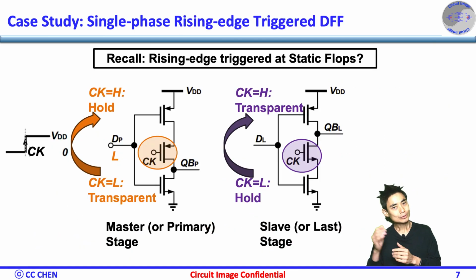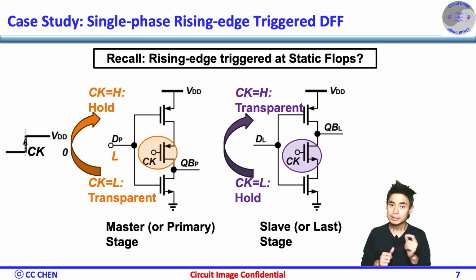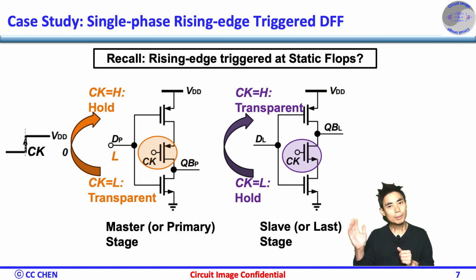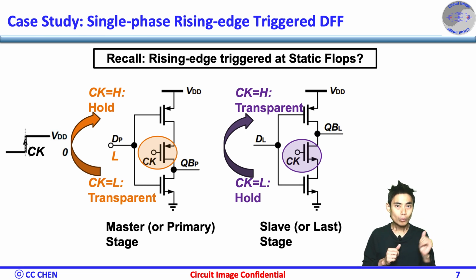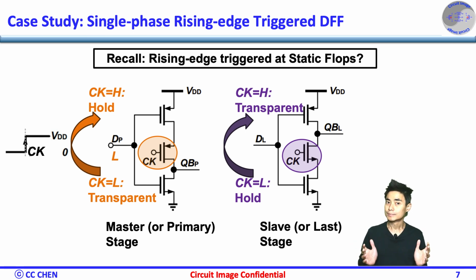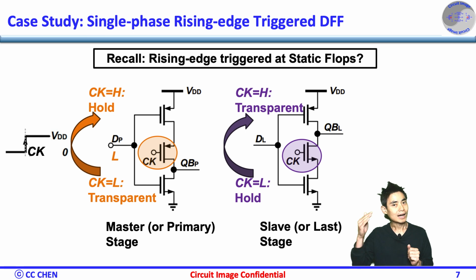Right. Do you remember the operations of the rising edge trigger static flops? For example, when the clock is low, CK to PMOS, the primary stage should be transparent to launch the data, and the last stage, CK to NMOS, should hold the previous state by ignoring the input data for sure. When the clock is high, all the operations are opposite.